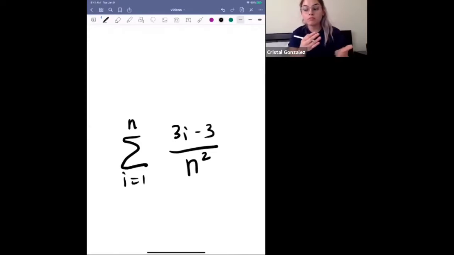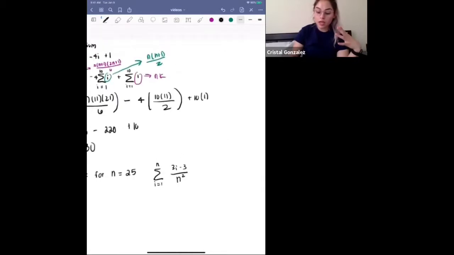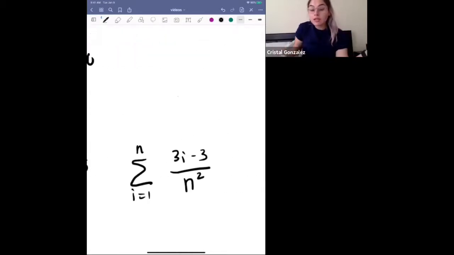n has nothing to do with the index. We're not iterating through n. n is a set value right now. n equals 25, actually. And so this bottom one actually is a fraction, a constant.